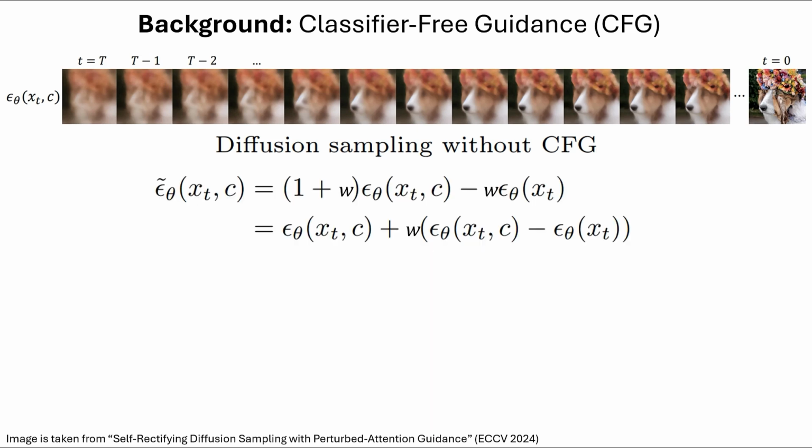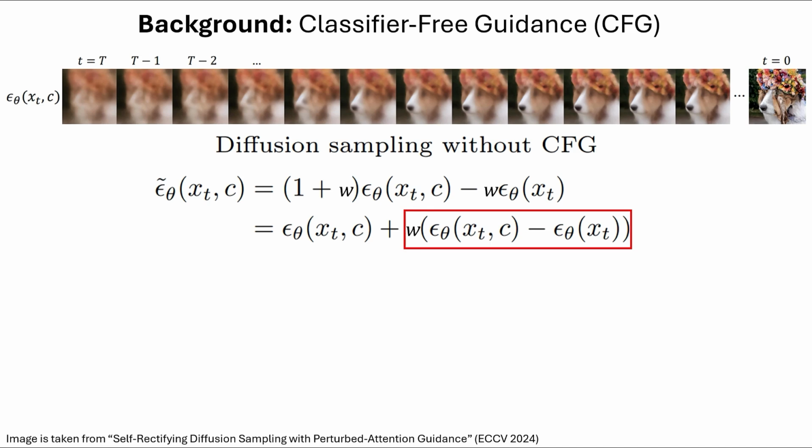And the way it does is using this formula that is made of a summation of two terms. The first term focuses on denoising using xt and using the condition c, kind of like a regular denoising without any CFG whatsoever. And the second term is the difference of denoising one time seeing the text condition and the other time not seeing the condition, scaled by a hyperparameter w.